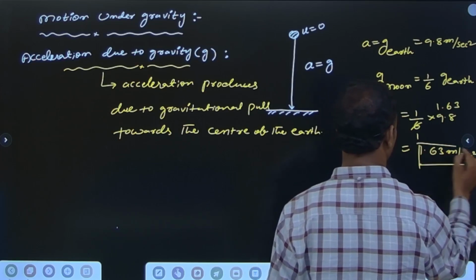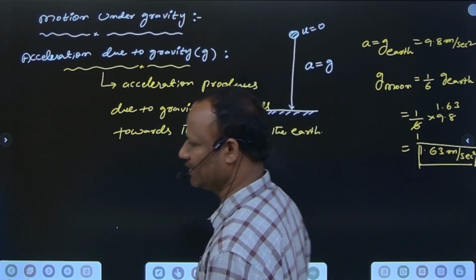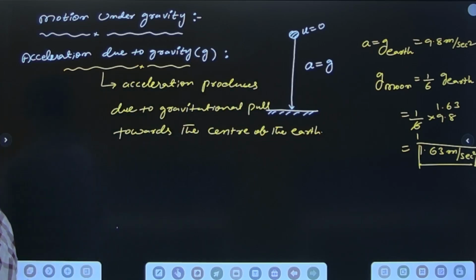This is the acceleration due to gravity on the surface of the moon.